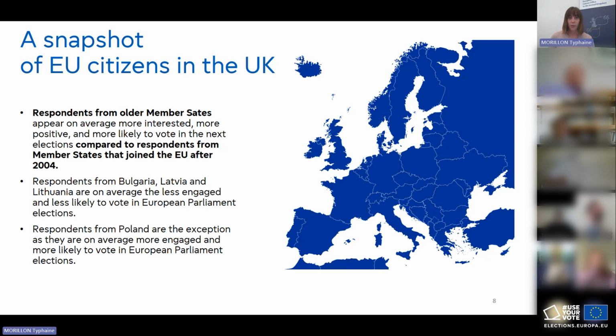With the exception of Poland, where they're much closer to the former member states. So that means that we cannot treat EU citizens as a very homogeneous batch. We need to find different ways to talk to them, to make sure that we spread the information.